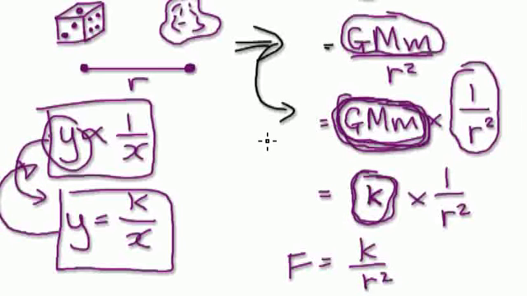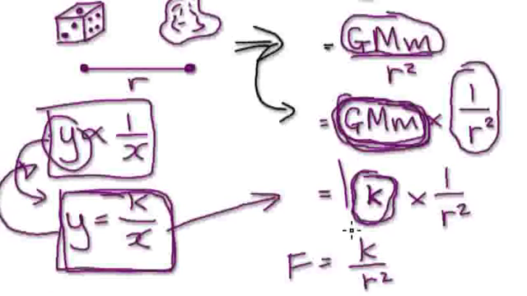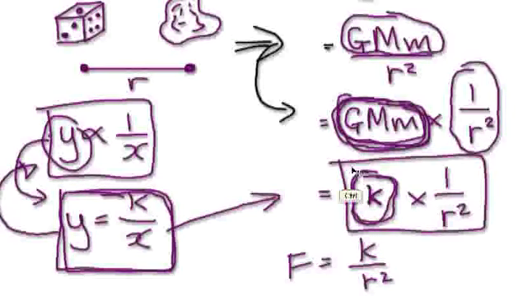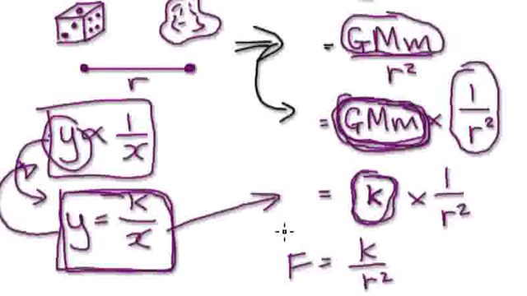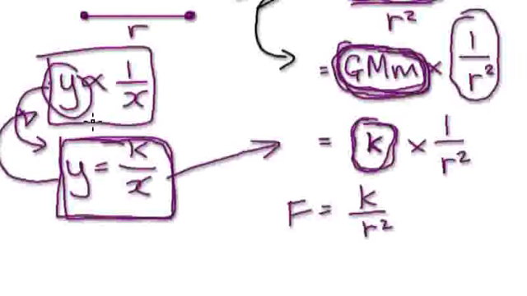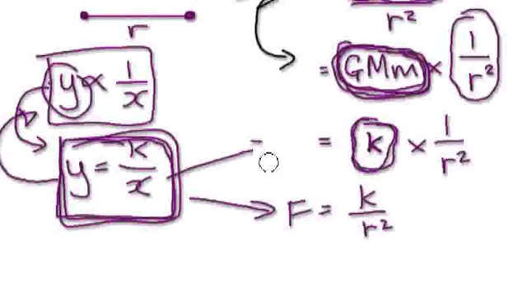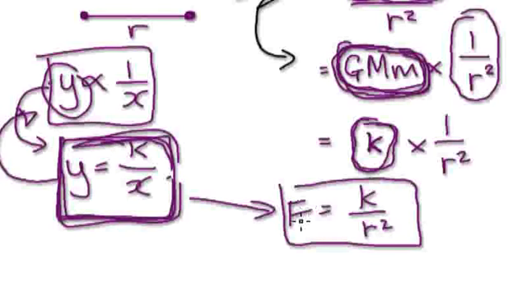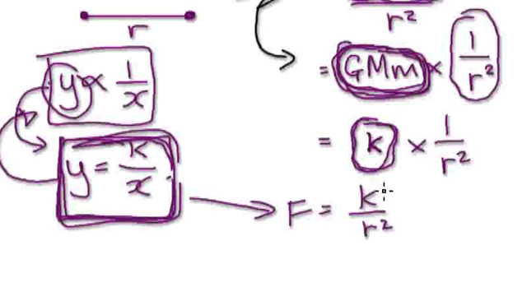Currently this thing here is the same as this thing here. Okay, so currently I am here at the moment. We've got a force equals a number that we don't care about over r squared.